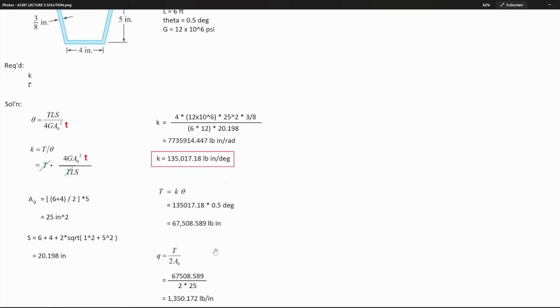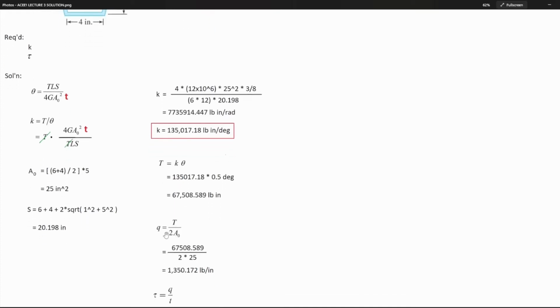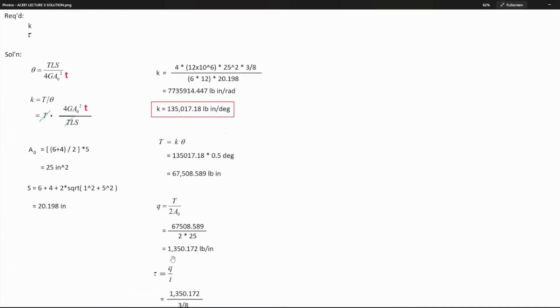Now, substituting this value into our formula for shear flow, you remember shear flow is denoted by q. q is equal to T over 2 times A0. Substituting values, you'll have shear flow equal to 1,350.172 pound per inch. Since you now have the shear flow, you can solve for the shear stress.